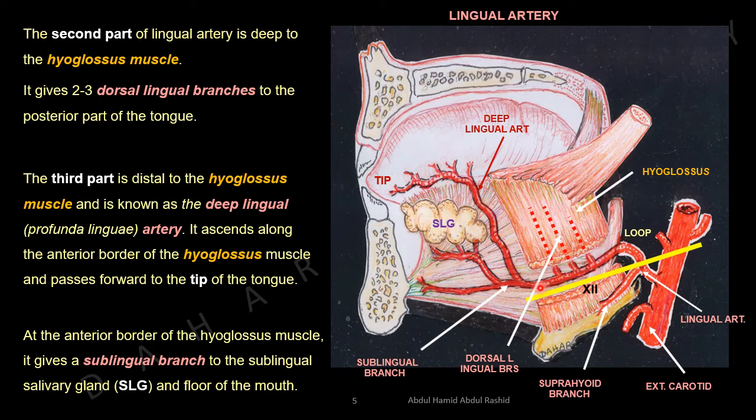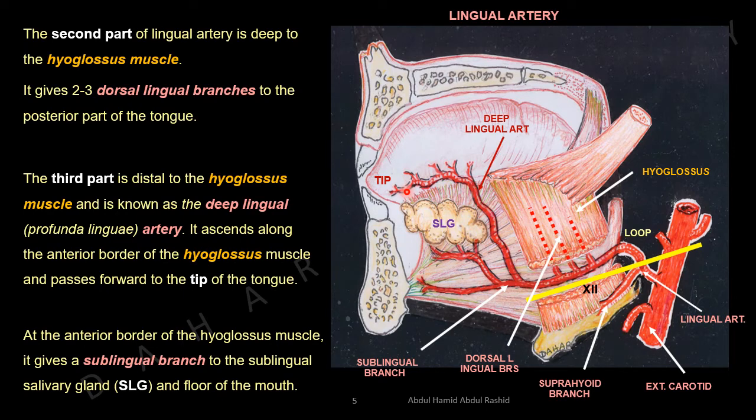After the second part, this is the third part. The third part of the lingual artery is distal to the hyoglossus muscle and is known as the deep lingual or profunda linguae artery.